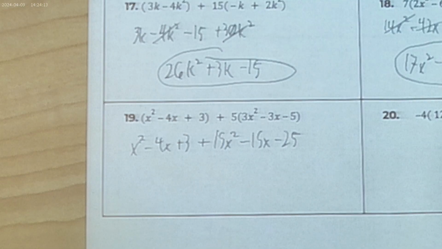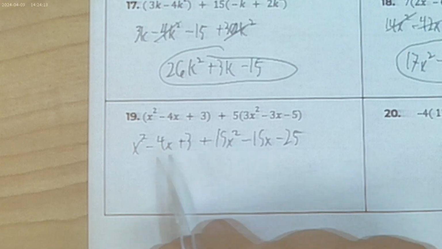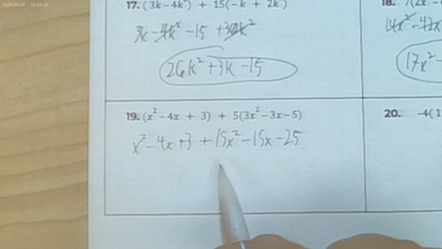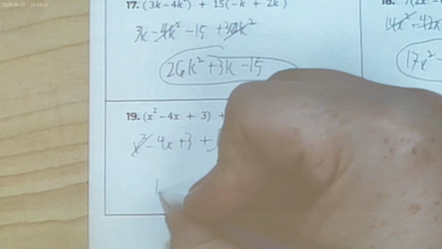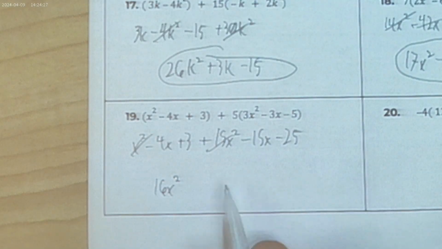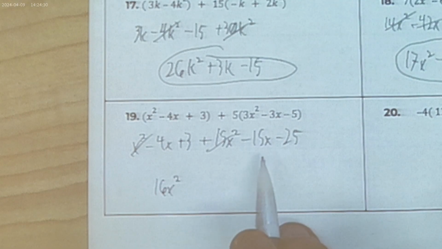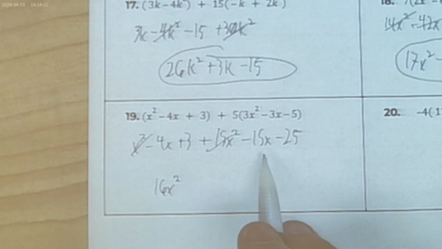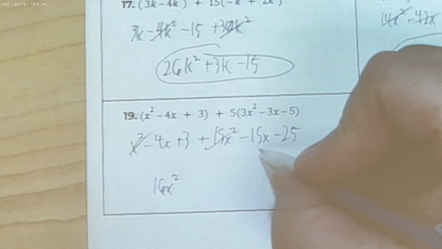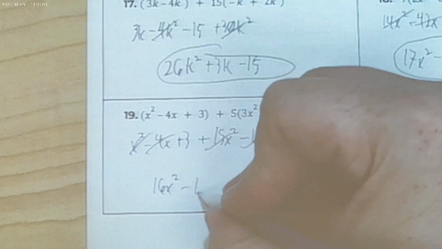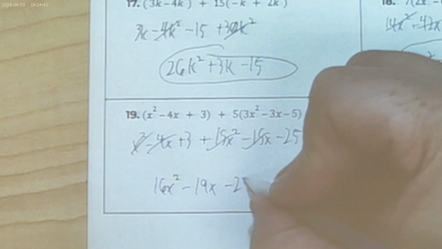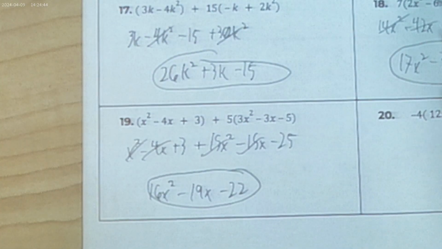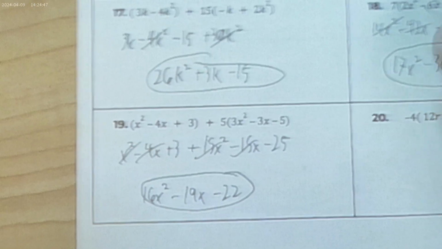All right, again, the biggest exponent is going to be x squared, so 15x squared plus x squared is 16x squared. Then next one is just going to be regular x, so I've got negative 15 minus 4, which is going to be negative 19x. Then plus 3 minus 25 is minus 22. And there we have it.